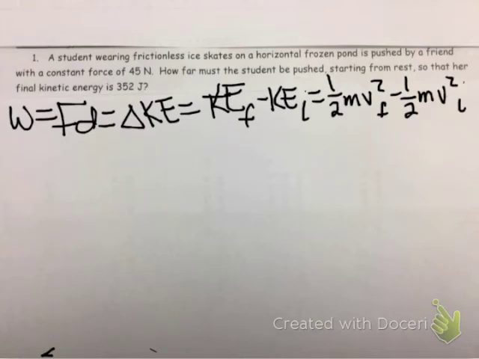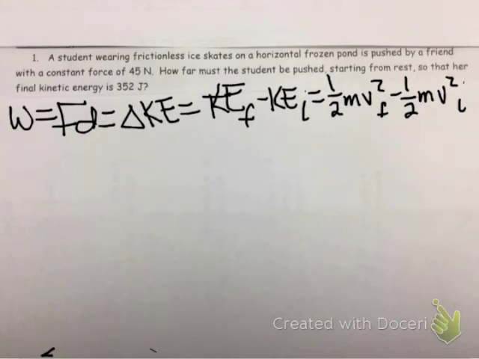I know this looks really long and confusing, but you don't ever use this entire formula. You only want to pick out what is between the equal signs that you need.